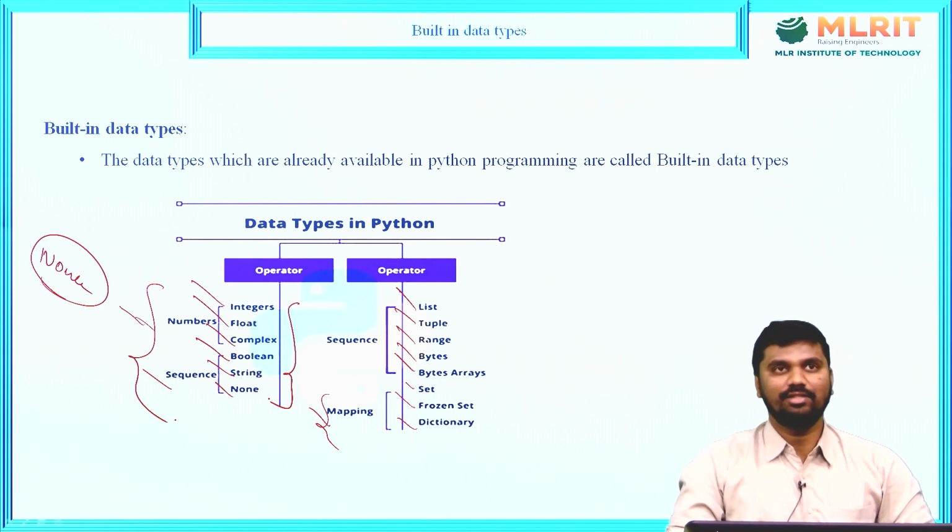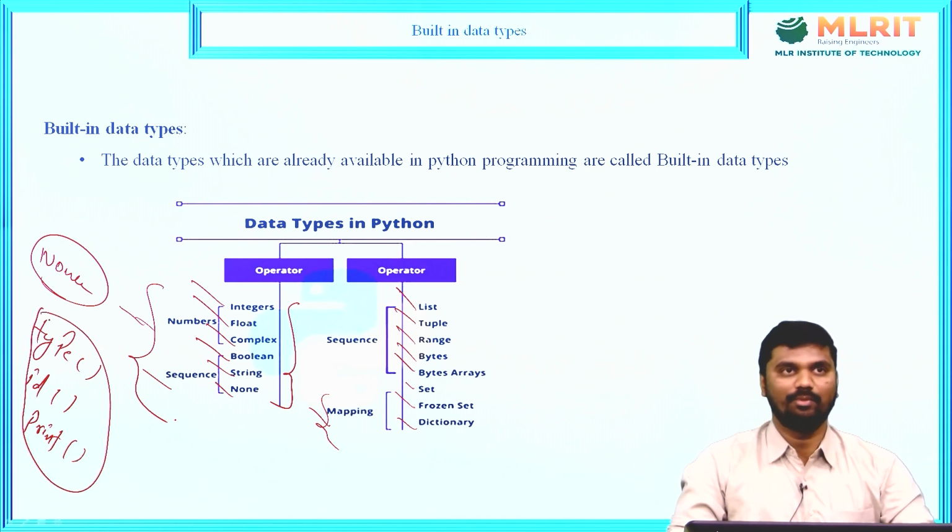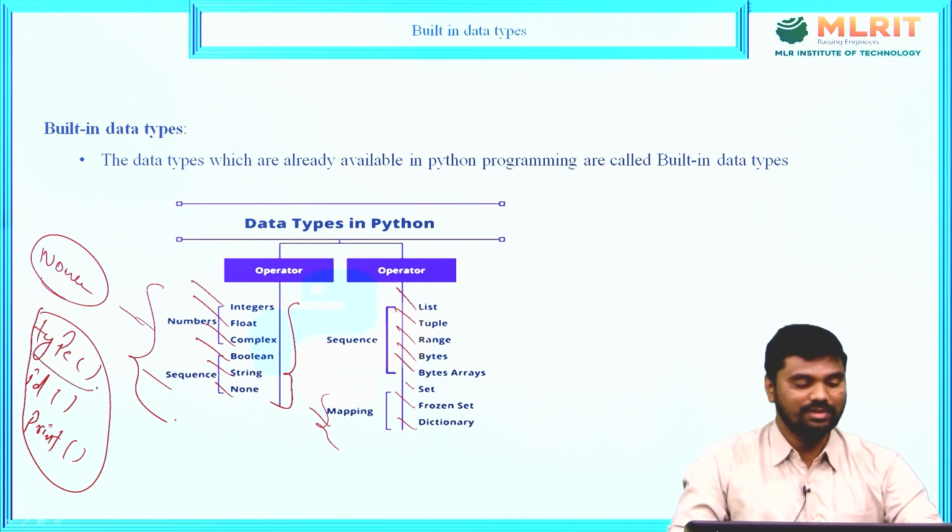Next, in the last video we discussed three functions: the type function, the id function, and the print function. For every data type, we commonly use these three functions in programming languages. What does the type function mean? The type function is used to find the type of the variable.